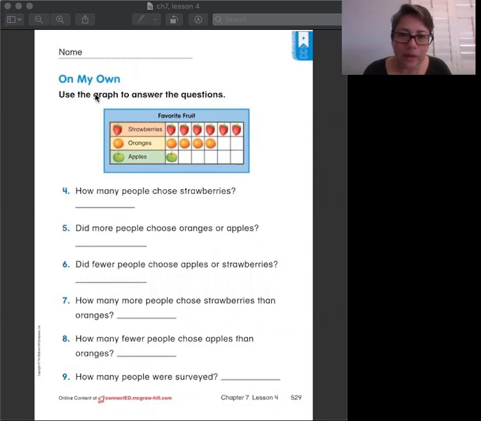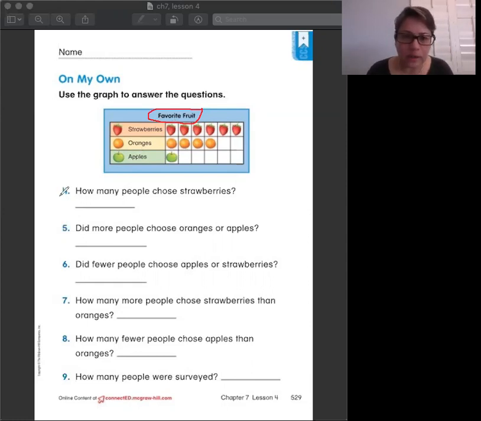And I know it's favorite fruit because it has a title right here. So the graph shows me the favorite fruit of some people. So it says strawberries, oranges, and apples. And then the strawberries here show me how many people like strawberries. These oranges show me how many people liked oranges. And this apple shows me how many people chose apples.